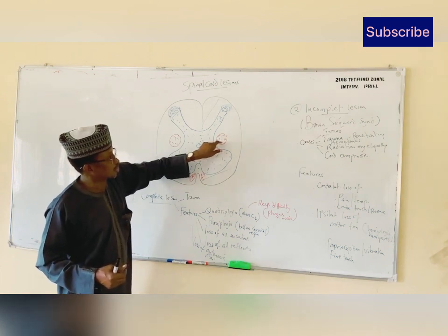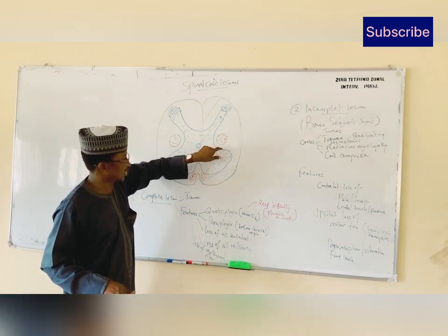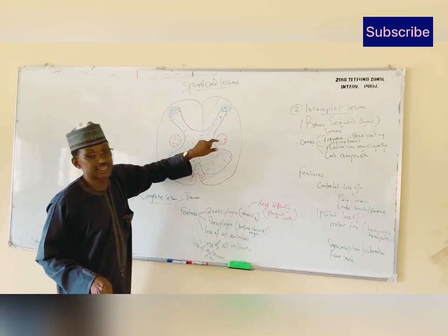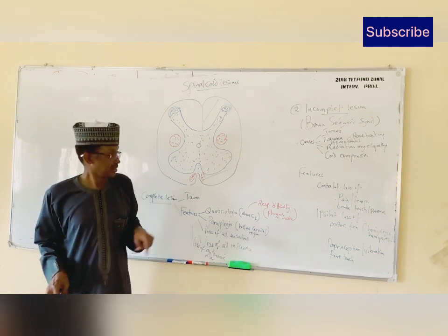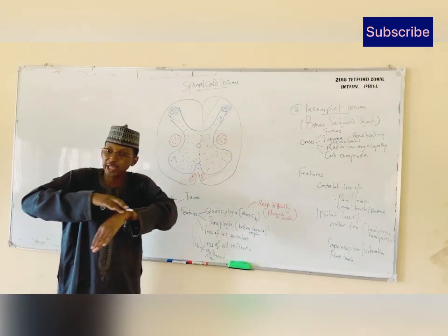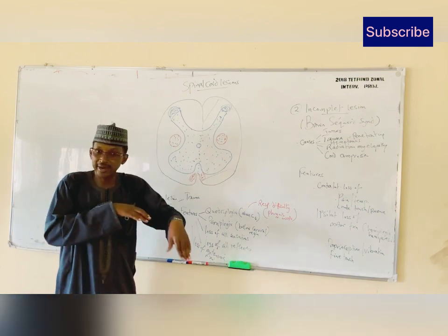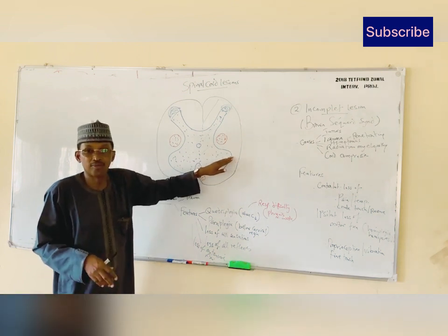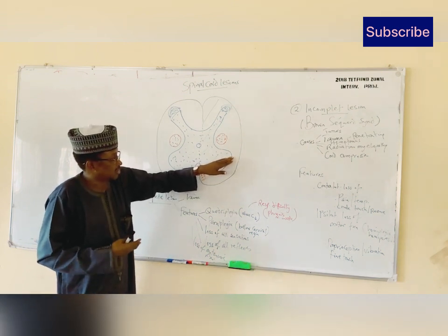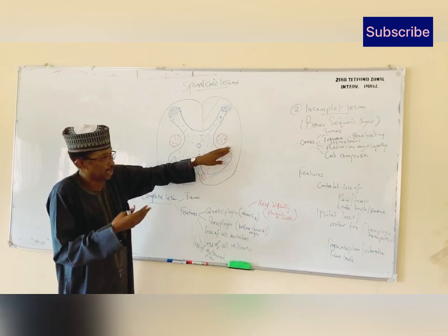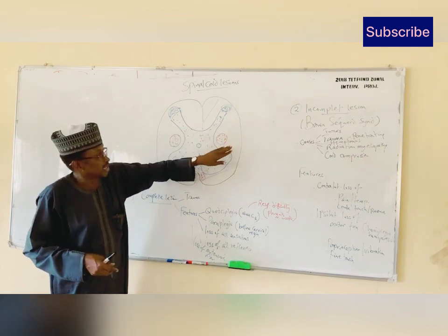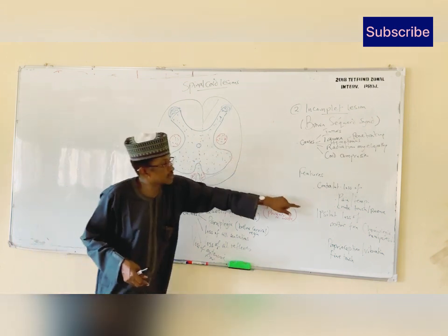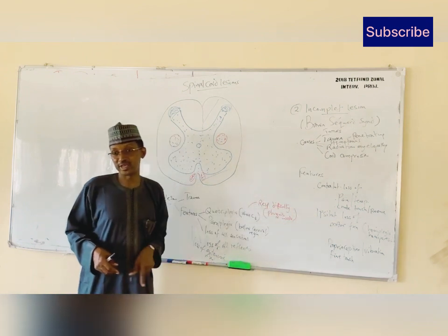There is also going to be ipsilateral loss of motor function. If you can remember this, what we call the lateral corticospinal tract, after crisscrossing at the level of the medulla oblongata, the right goes to the left, the left goes to the right. So if the transection of the cord takes place below the area of the decussation of the medulla oblongata, you have ipsilateral loss of motor function.